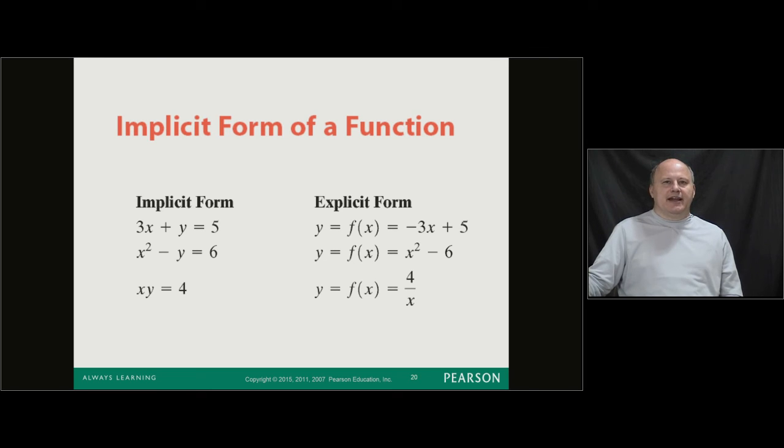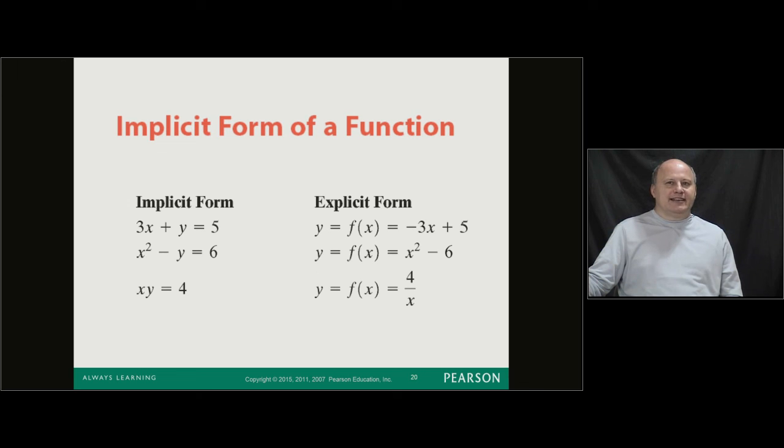So if you look at this one, 3x plus y equals 5, that's implicit because they're both on the same side of the equation. If you solve that equation for y, you'll subtract 3x to the other side, and it's an explicit form. What's the advantage of explicit form? It's when you're evaluating. It's easier to evaluate a function if y is already solved for you.